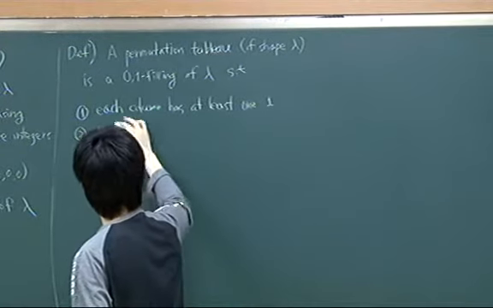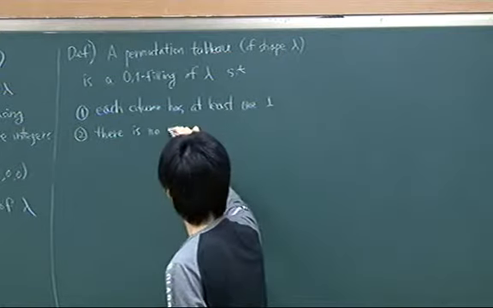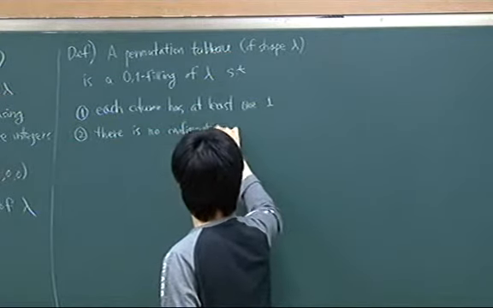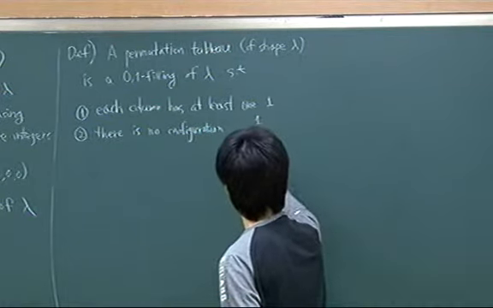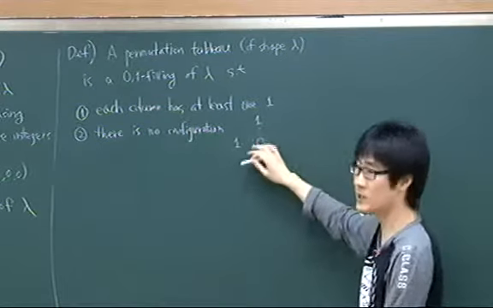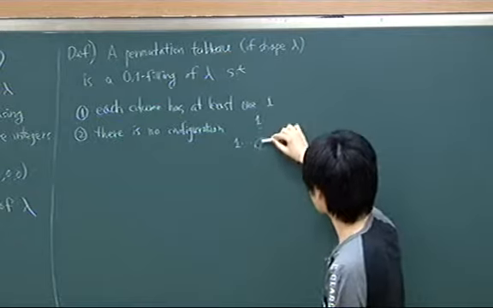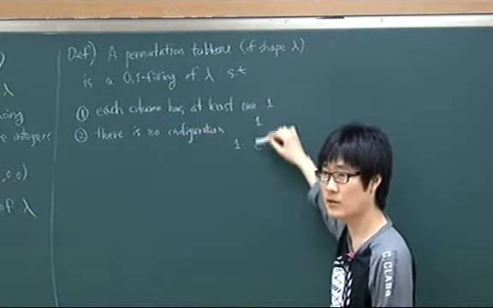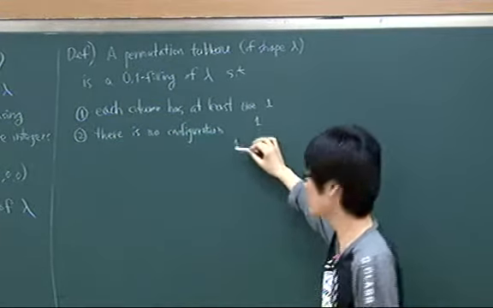And second, there is no configuration like this. So we don't have this configuration, meaning it's not allowed to have a 0 which has a 1 above it in the same column and a 1 to the left of it in the same row.